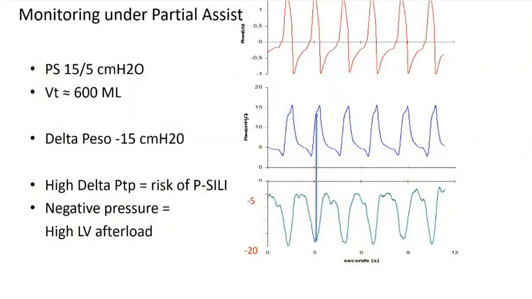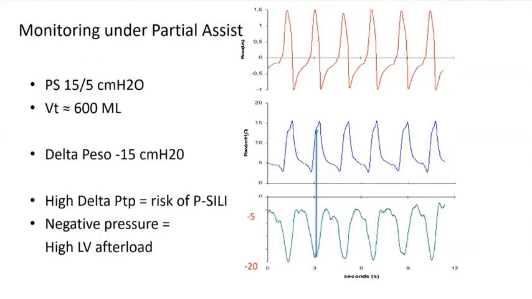This is a patient who is recovering from severe ARDS, is doing better, is switched to pressure support ventilation. The pressure support is 15. So everybody could say, well, 15 of pressure, the lung of my patient is not at risk.